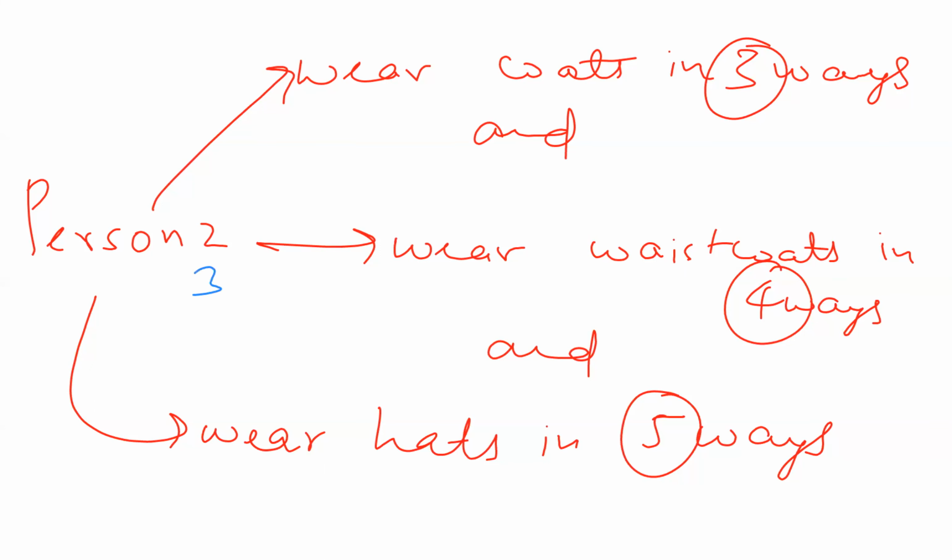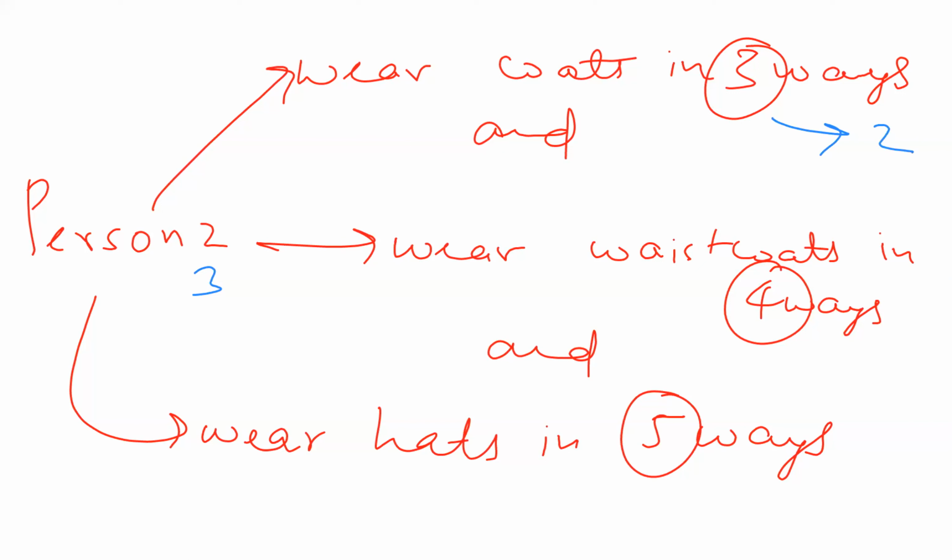Now for person number 3, third person, I'll just write it in blue over here only. Number of coats will be, anyone? Person number 3 can wear coats in how many ways? I am not getting replies from most of you. So can you just tell me? Person number 3 can wear coats in how many ways? Hello. 2.